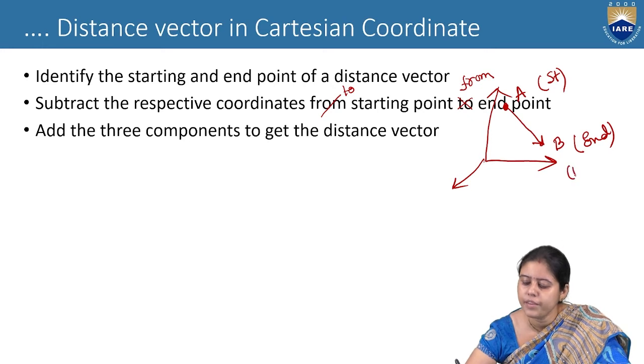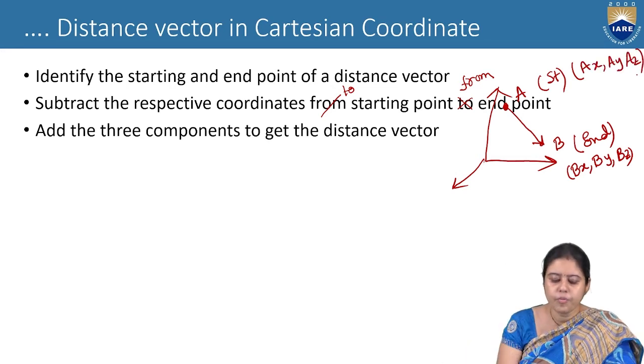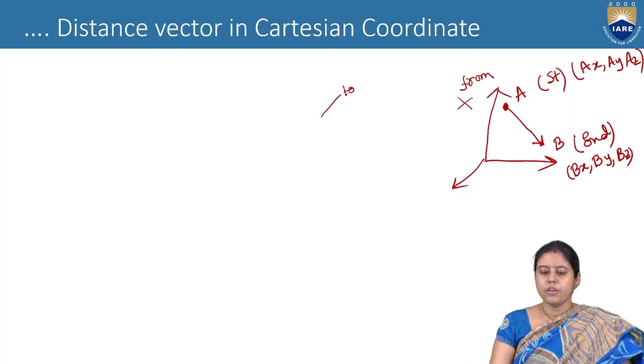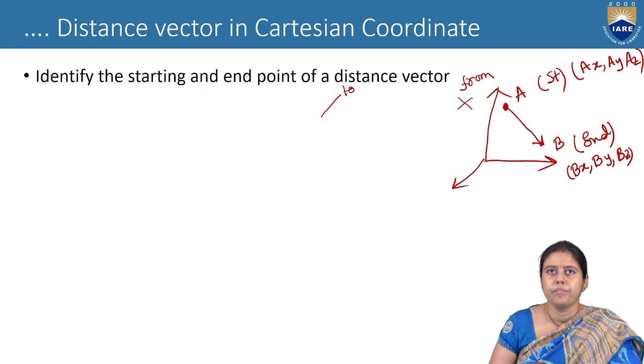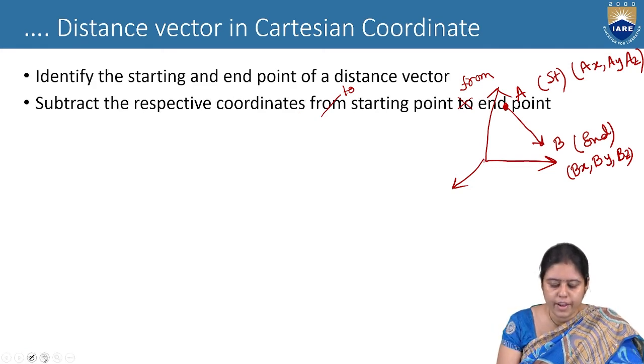What does it mean? If the vector B has 3 coordinates, Bx, By, Bz, and A has also 3 coordinates, Ax, Ay, Az, how do we calculate the value?